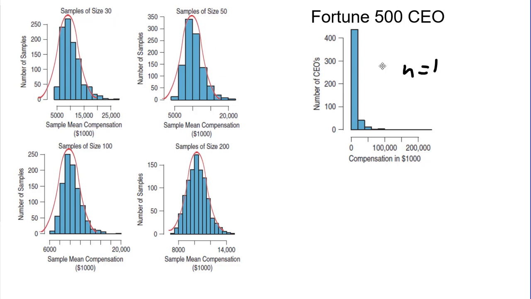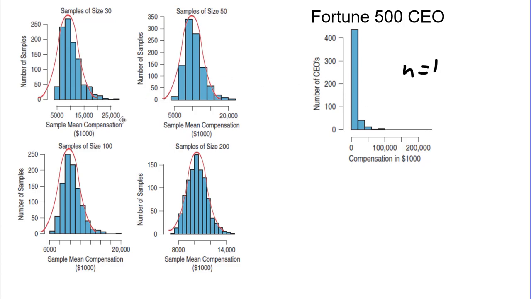Well, it's because this is so heavily skewed. If we take an average of just 2 people, and we get one of the really, really big companies' CEOs, that's going to be very heavily skewed by that 1. But if we take samples of 30 companies and we just so happen to get the Walmart CEO or something like that, it's not going to have as much of an impact in skewing our mean as a smaller sample would. And that's the whole point here.